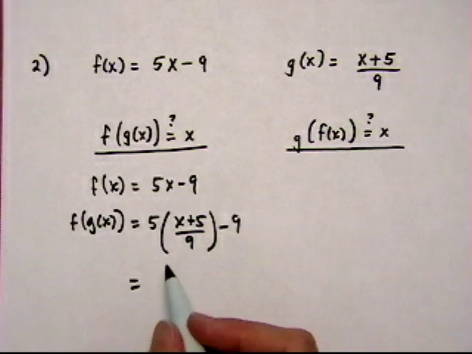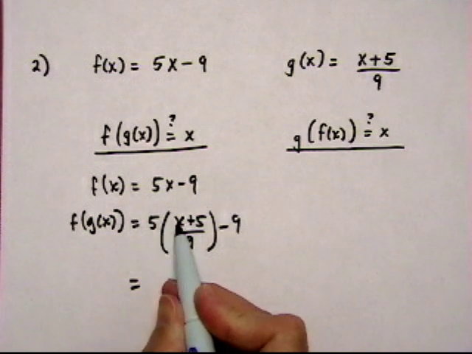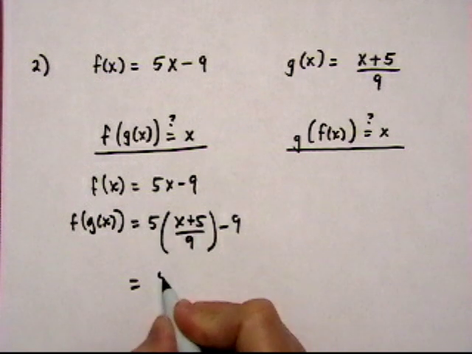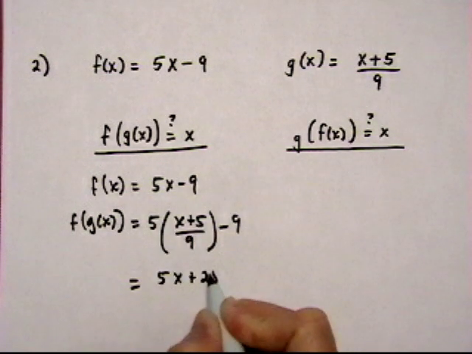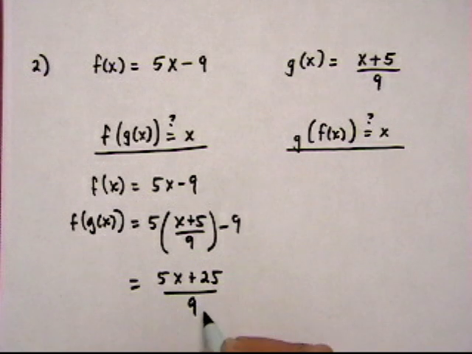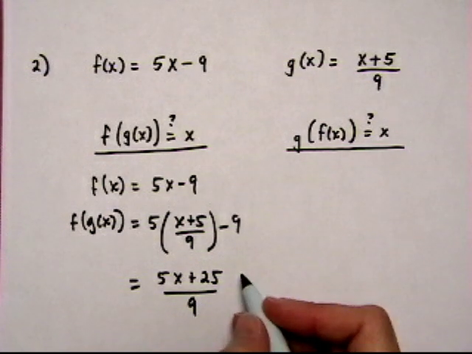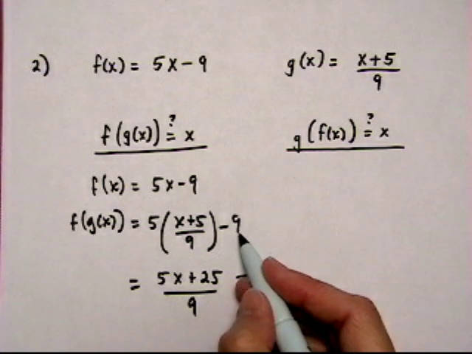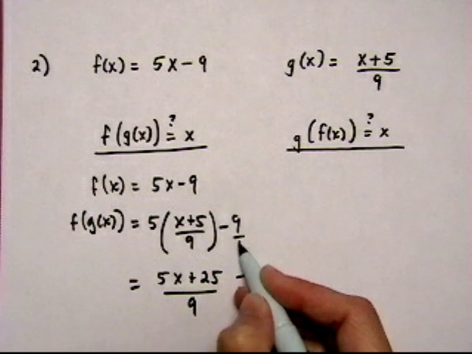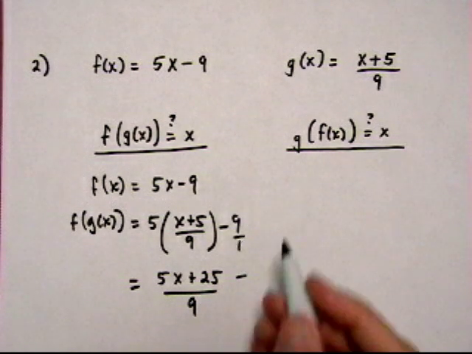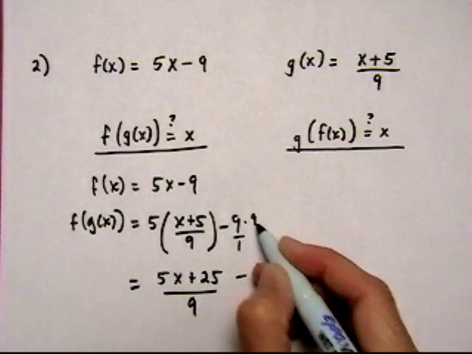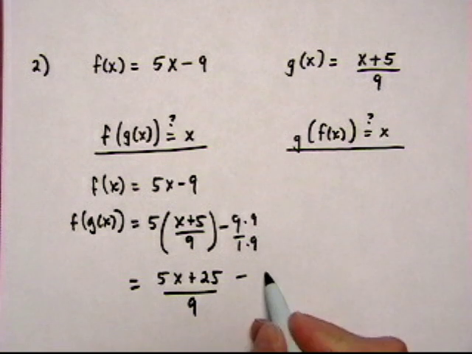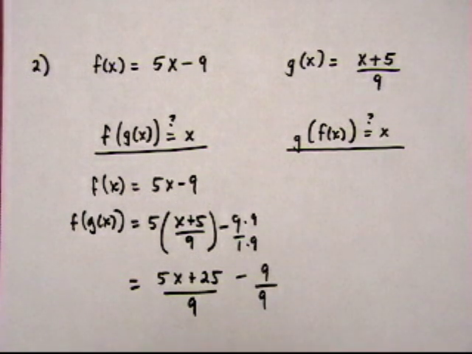So now if we multiply this 5 through the top here and distribute, we get (5x plus 25) over 9, minus 9. Think of it as 9 over 1, because we've got some fractions going on here, so I want to do a common denominator. I'm going to do a common denominator of 9, so minus 9 over 9.